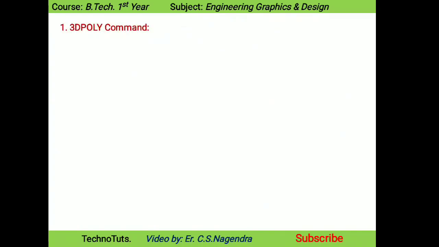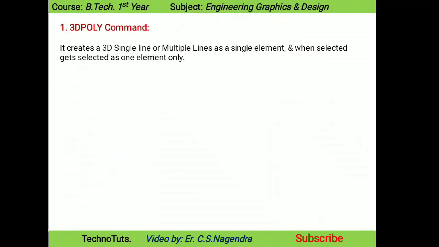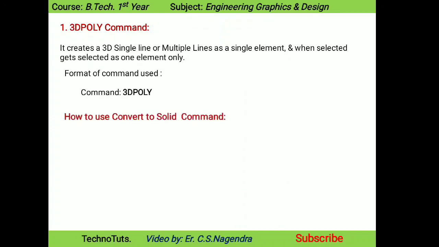3D poly command. It creates a 3D single line or multiple lines as a single element, and when selected, gets selected as one element only. Format of command used: at the command prompt type 3D poly command, either in caps lock or without caps.